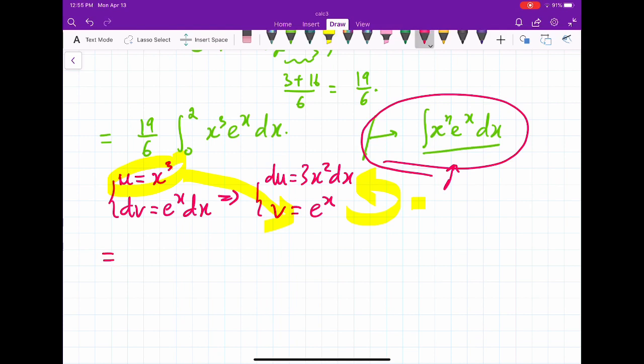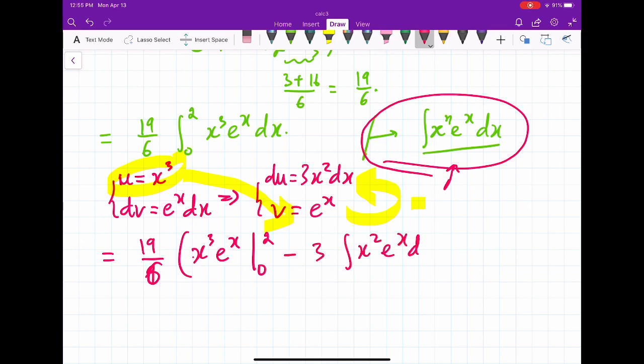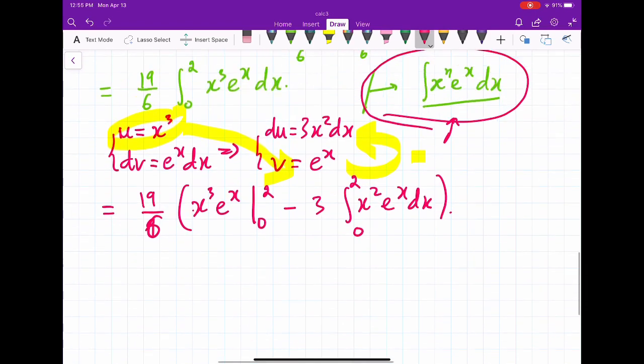So the integral equals 19/6 times x cubed e^x evaluated from 0 to 2, minus the integral of 3x squared e^x dx from 0 to 2. We still have this form, so you have to do integration by parts until this term disappears. Make sense?